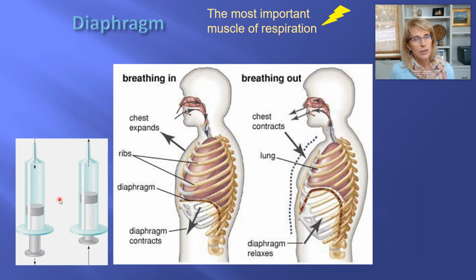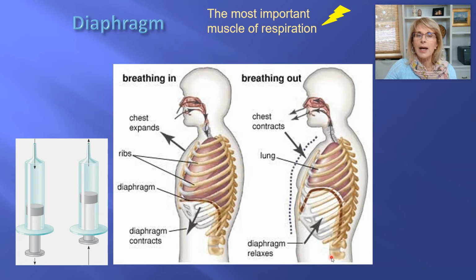That's a scientific description of why you are pulling air into the syringe, right? When you push the syringe upward, you make this space smaller. The pressure in here gets to be higher, so you are pushing air out. When the diaphragm contracts, you are pulling the syringe plunger down, and that is pulling air into your lungs.